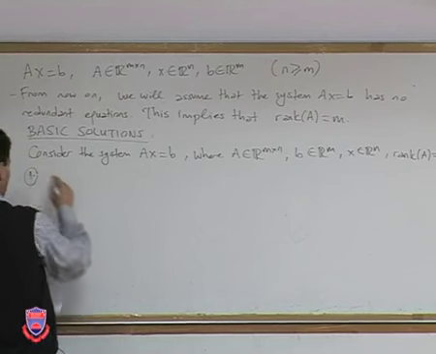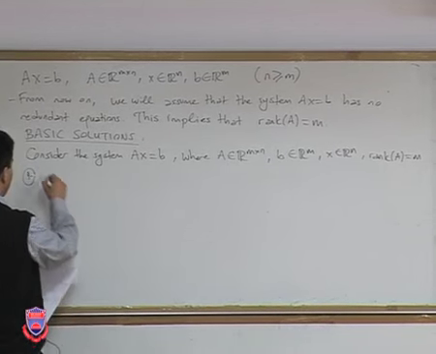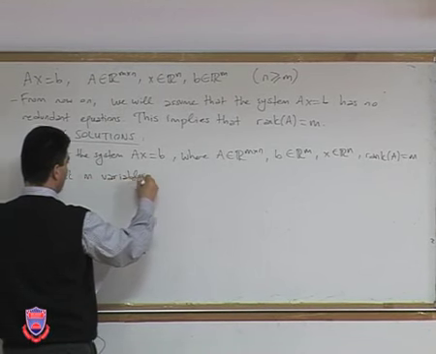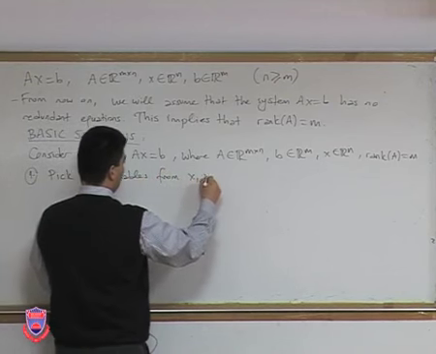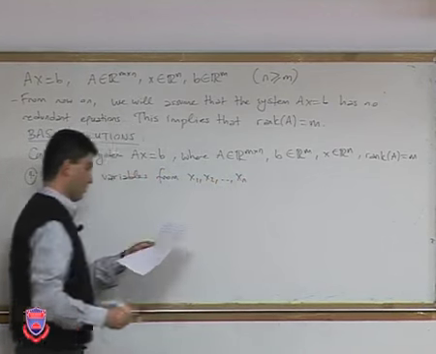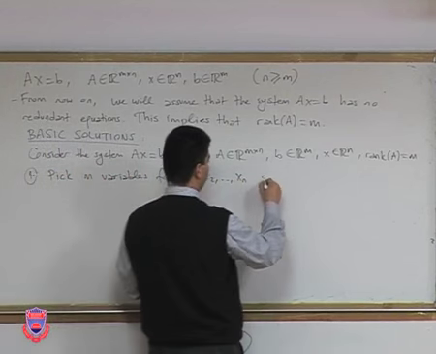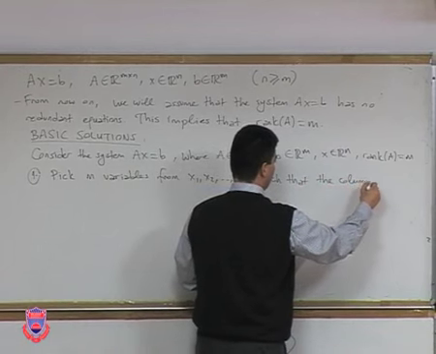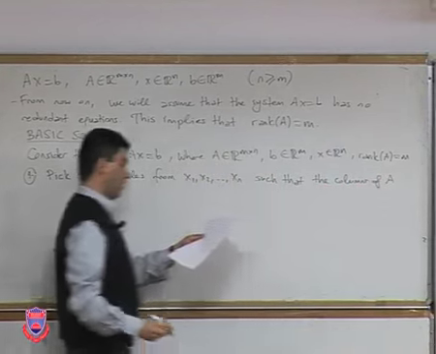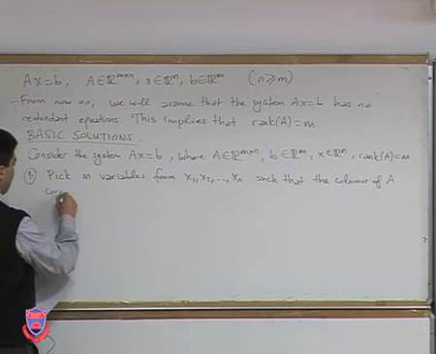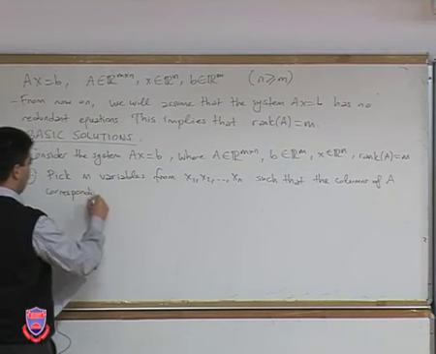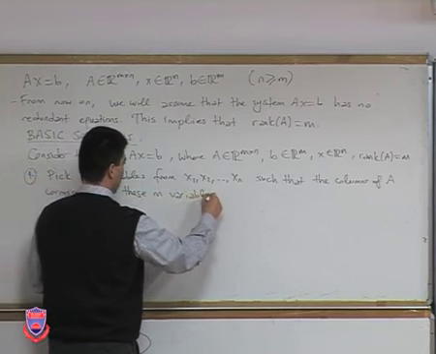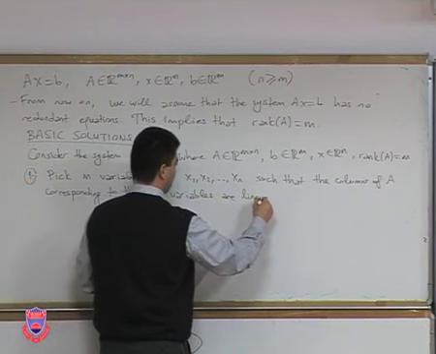So we're going to do the following steps. We're going to pick m variables from x1, x2, all the way up to xn, such that the columns of A corresponding to these m variables are linearly independent.